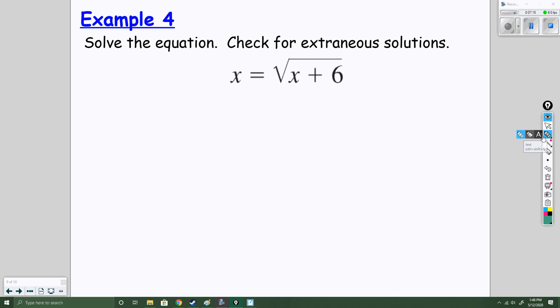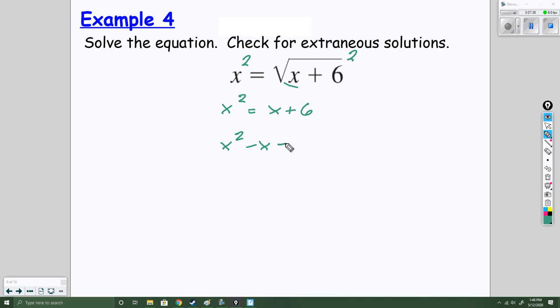So in this case, we have a radical. It's on one side, so let's eliminate that radical. What we're going to do is raise it to the power that's going to get rid of it. If we do that to the right side, we've got to do it to the left side. And that's going to give us x squared equals x plus 6. Now this is quadratic, so we would want to get everything over to one side and see if this thing is factorable.